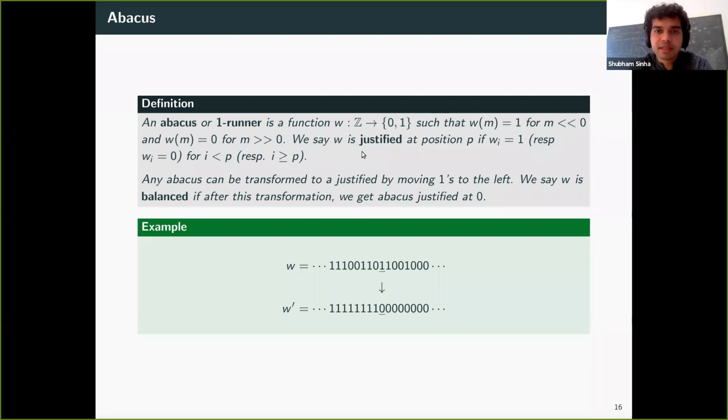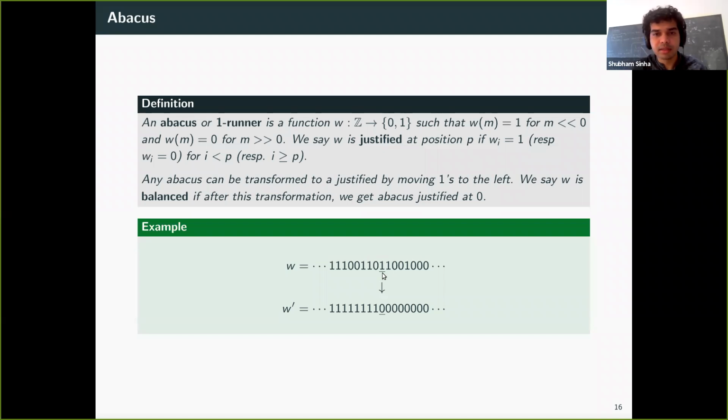And we say the abacus is justified at position P if there exists a position where everything on the left of it is 1, and it and everything on the right is 0. Let me describe in an example how we give this as a function.